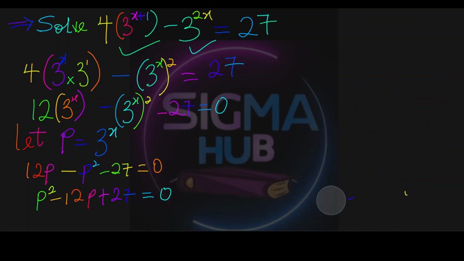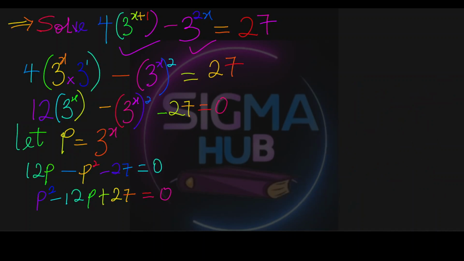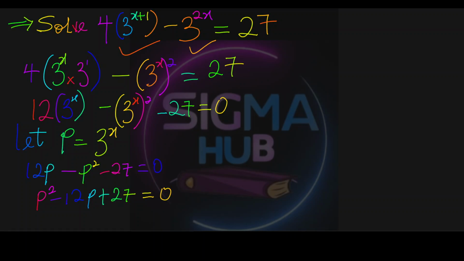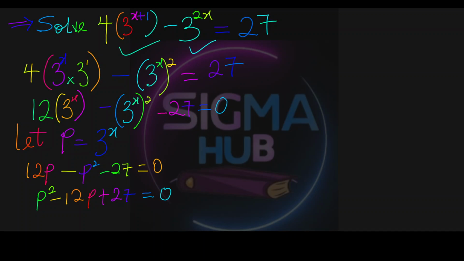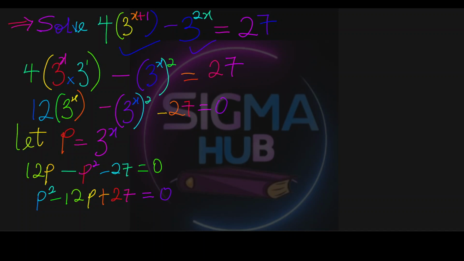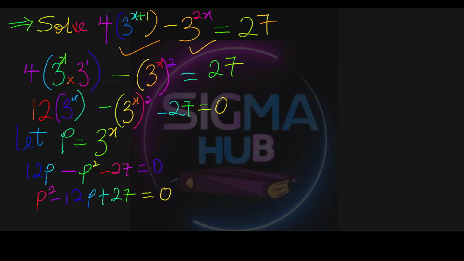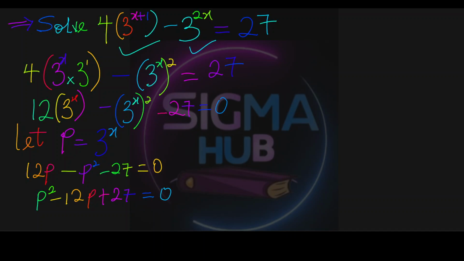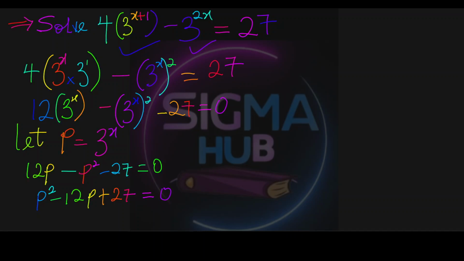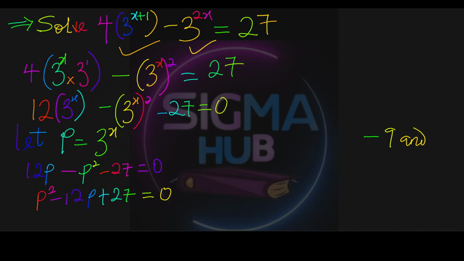Now let's quickly solve the quadratic equation using the factorization method. So we have p squared multiplying 27, which is going to be 27p squared. What are the factors of 27 such that when you add them together, it's going to give us minus 12? The factors of 27 giving us minus 12 is going to be, I'm going to be using minus 9 and minus 3.